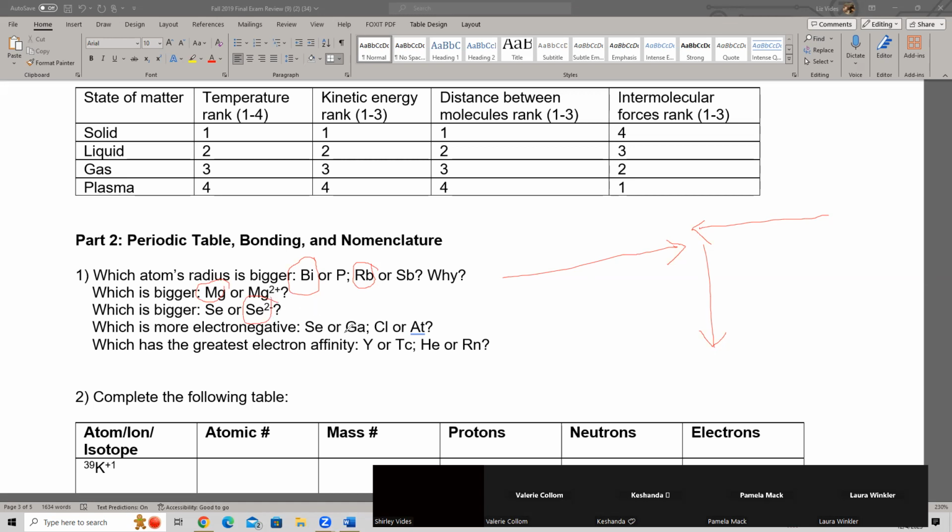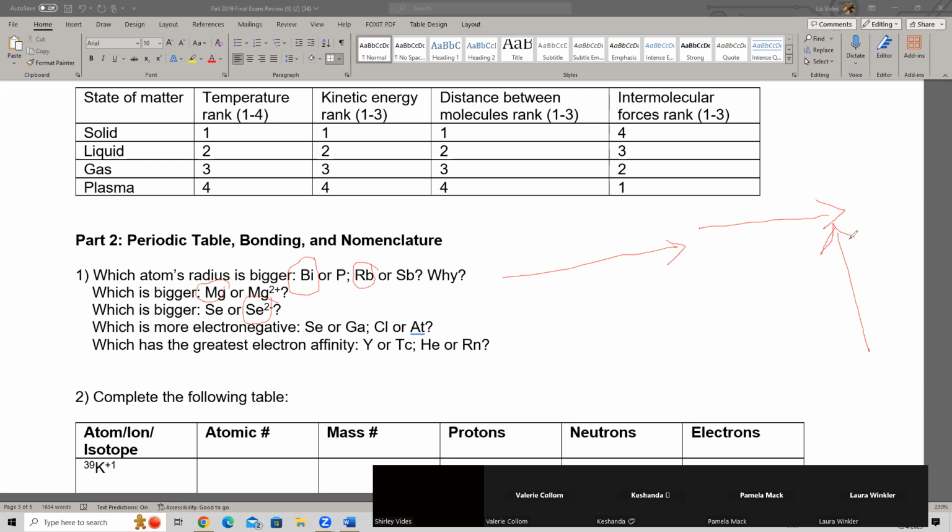Now, more electronegative. Now this time, we just need to erase these and go the other way, because electronegativity increases this way and up. And it does not include noble gases because they don't react.